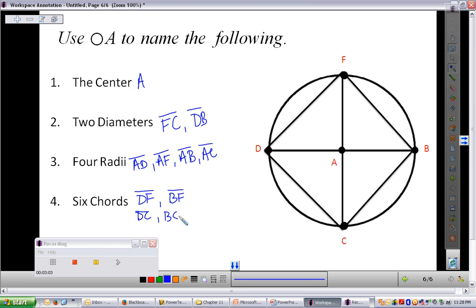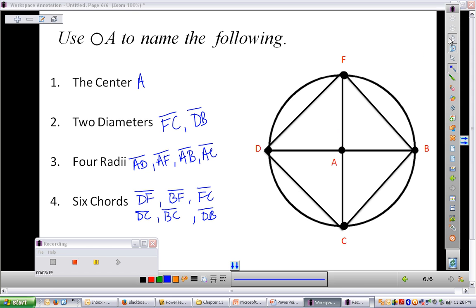There's four of them. My last two, I've already named, they're also the diameters. So segment FC is also a chord, and segment DB is also a chord. So there's my six total chords.